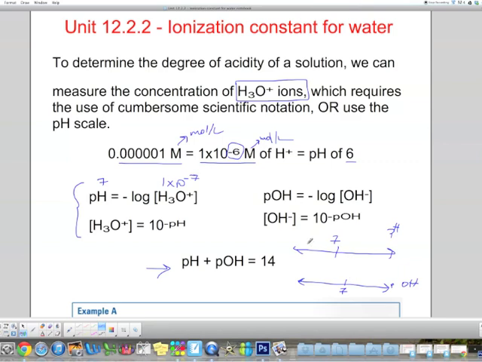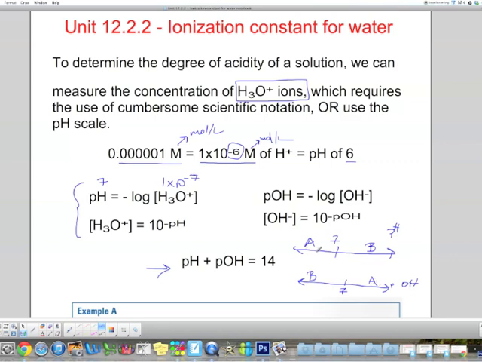So something that is very acidic would be over here on this scale. So it's very acidic, it has a very low pH. On the converse scale, the reverse scale, something that is very basic would have a very small reading on the pOH scale. Now on this scale here, something that has a very high pH is very basic. On this scale, something that is very acidic will have a very high pOH.